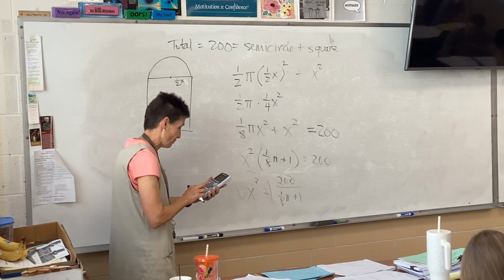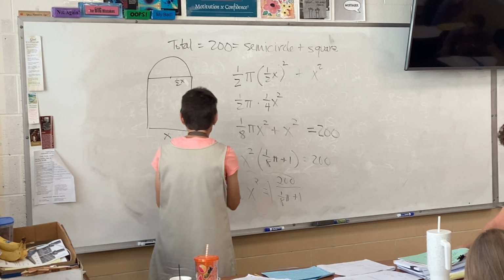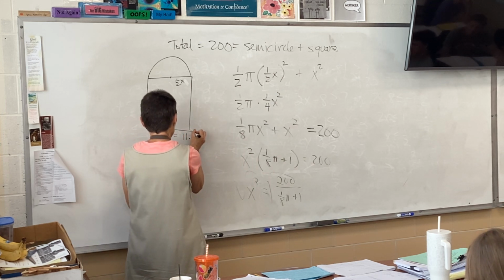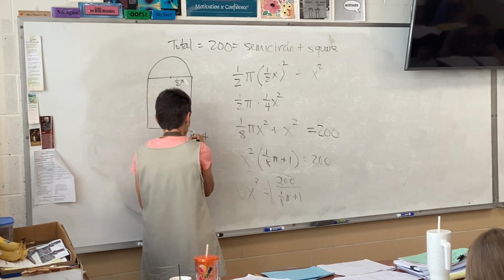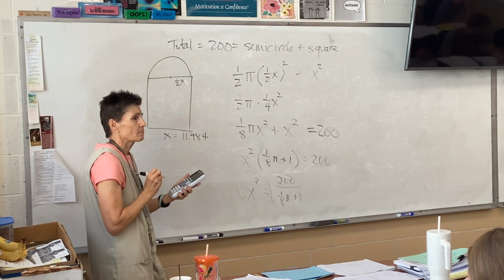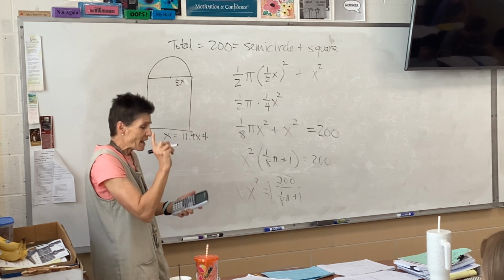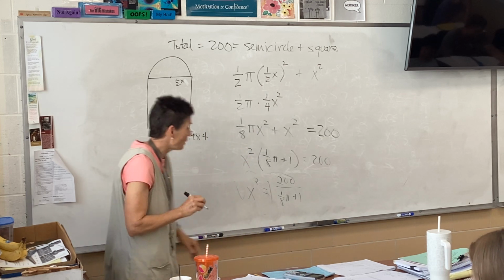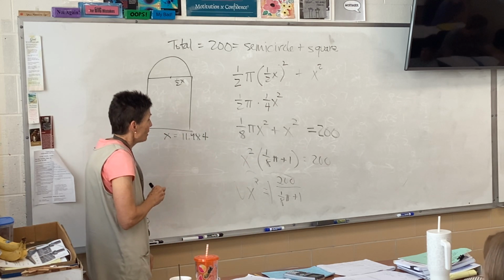And square root that. I got x equal to 11.984. So that's one strategy, one way to do that problem.